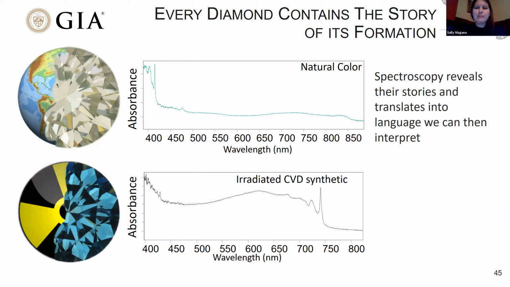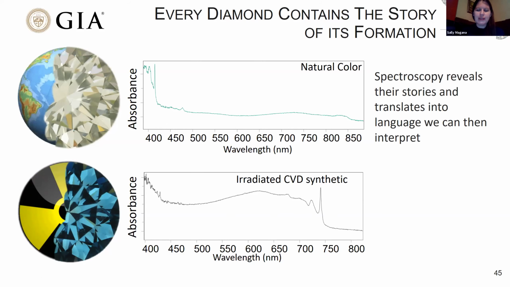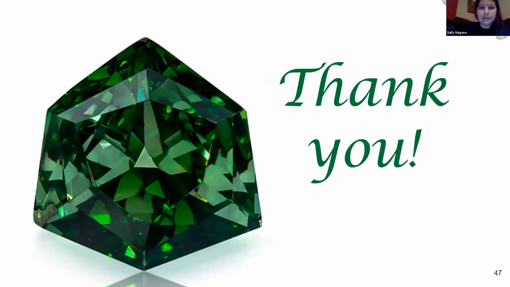So the spectroscopy is a great help to us because it reveals these diamond stories, and it translates their history into a language we can then interpret. And for the rarest of diamonds, these stories can sometimes be quite valuable.